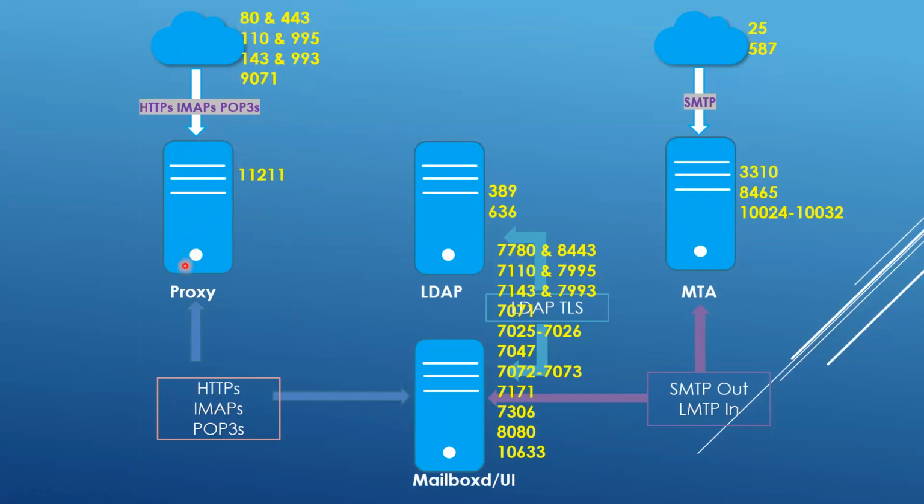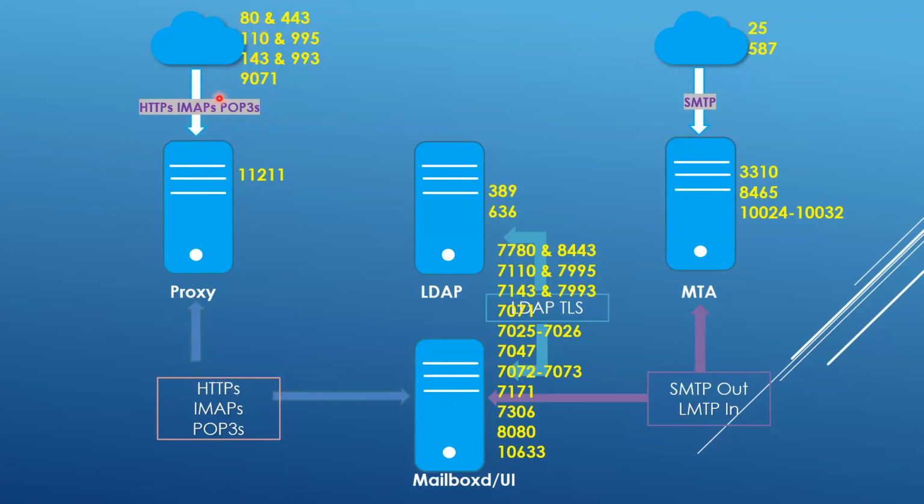Then proxy transfers those requests to the mailbox server on 7780 and 8443. And once it gets the response, proxy communicates with the end user over 80 and 443.